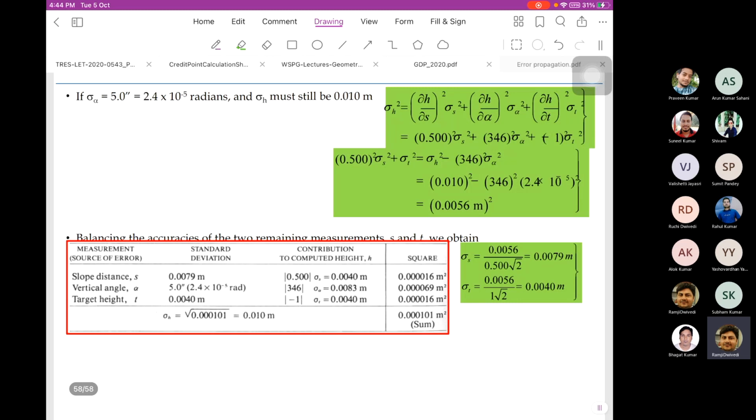Any confusion? No, sir. Because everything I have explained in your first sheet, these are all written in that same fashion.